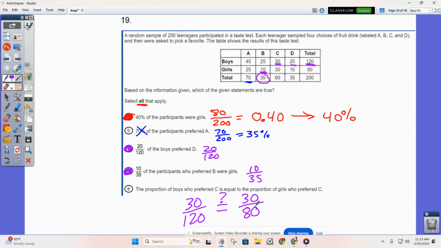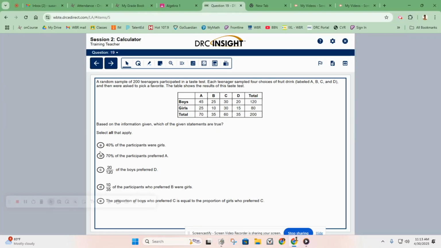Is that the same proportion? No. No, definitely not. Make sure you go to your test and click on your correct answers, which were A, C, and D. Then arrow to our next problem.